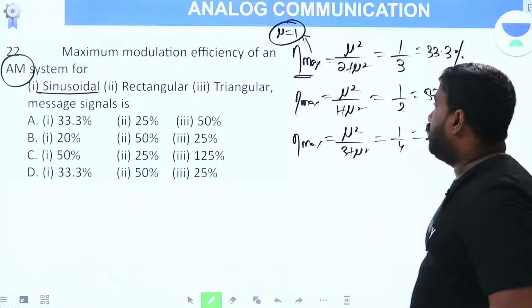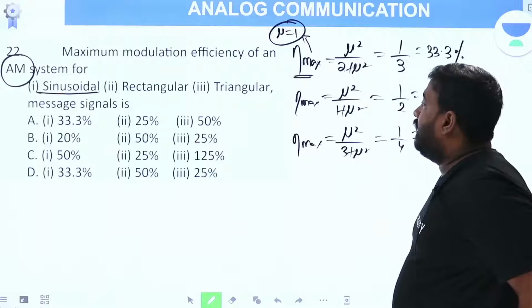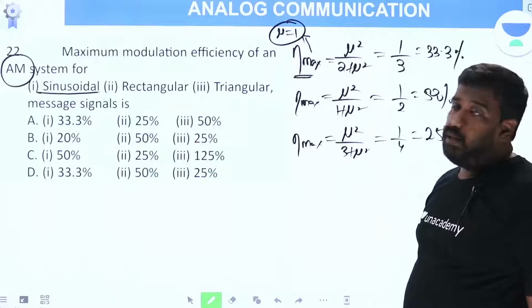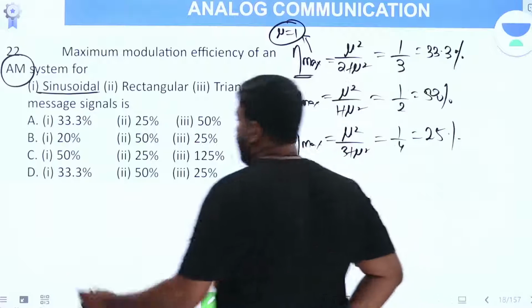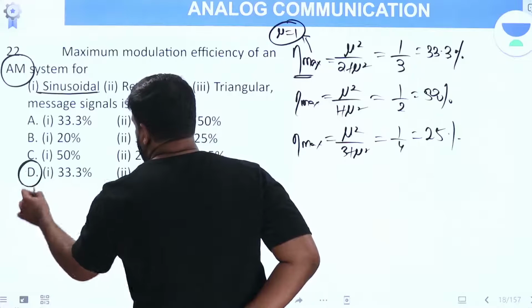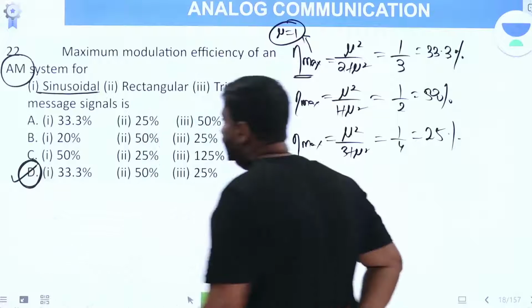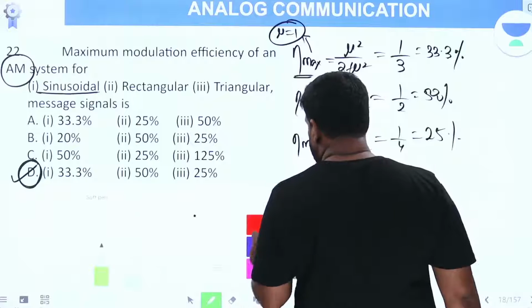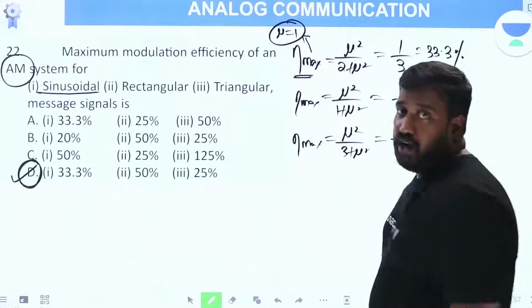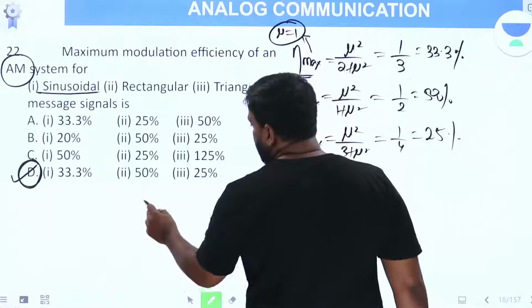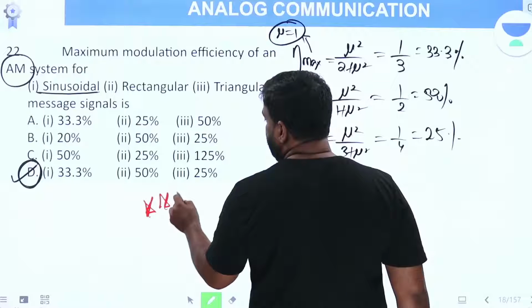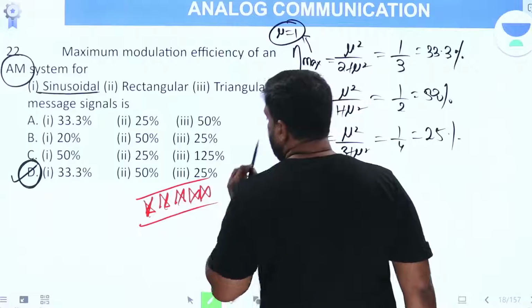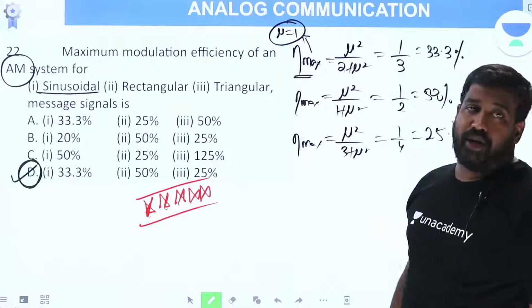Option D is the answer. Very, very important model of a question. Please make a note of it.